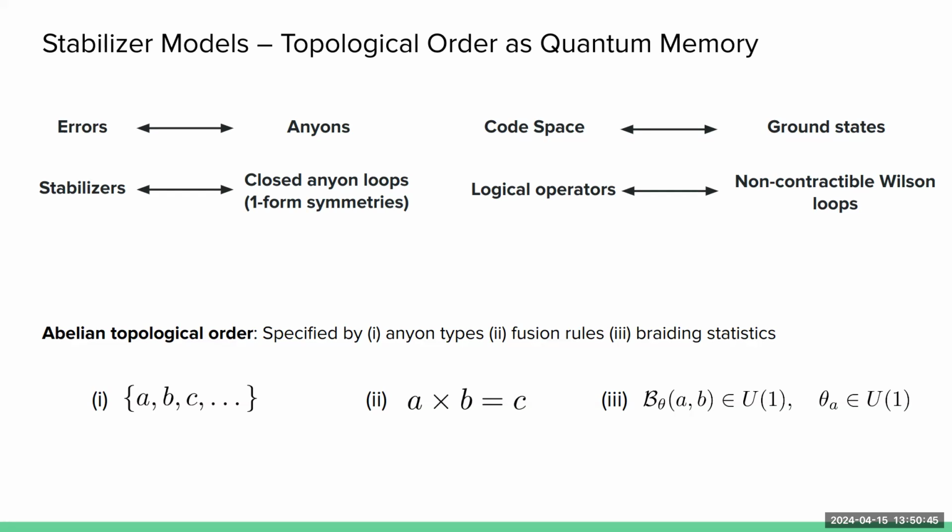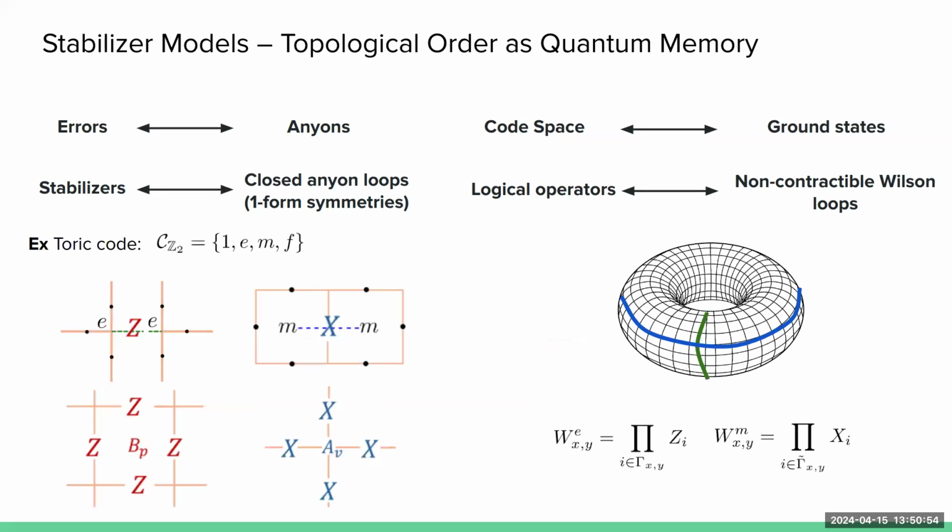As I said, the code space corresponds to the ground states, and the logical operators acting on the code space correspond to non-contractible Wilson loops. Again, in the toric code example, where we have electric and magnetic excitations and the dyonic fermion, the errors generated by Z correspond to electric excitations, which violate the star operator condition, and the X generates magnetic excitations, which violate the plaquette operator conditions.